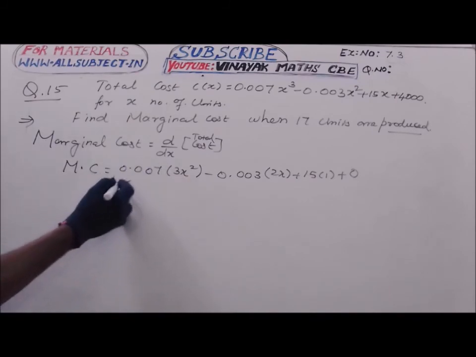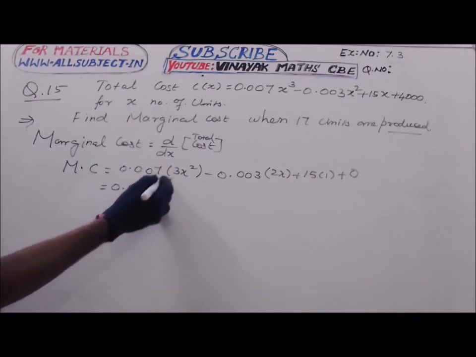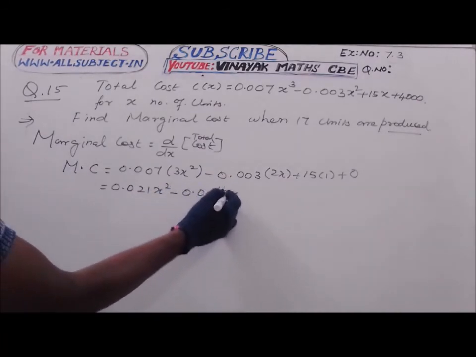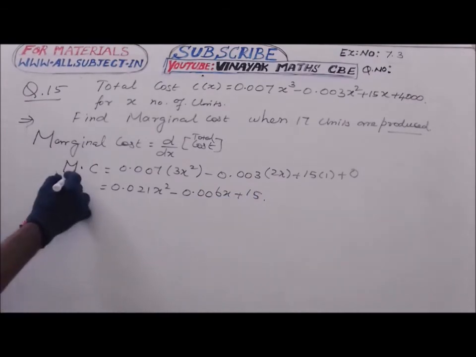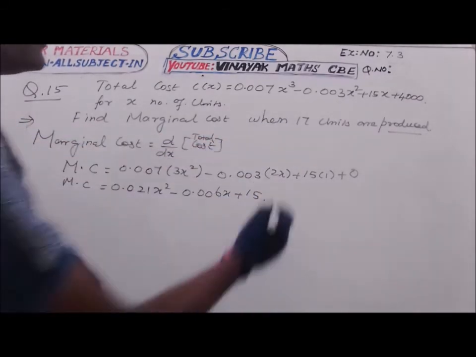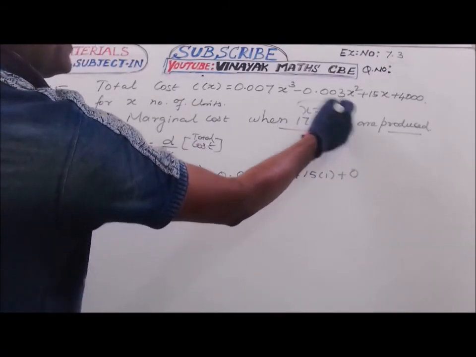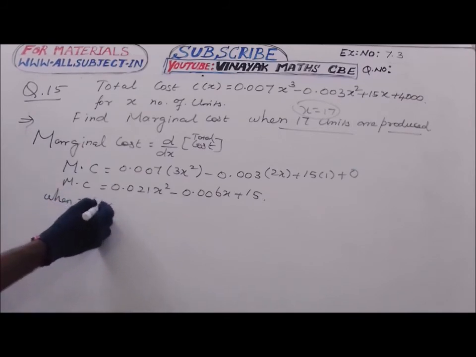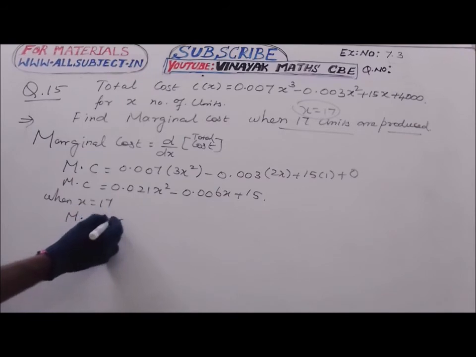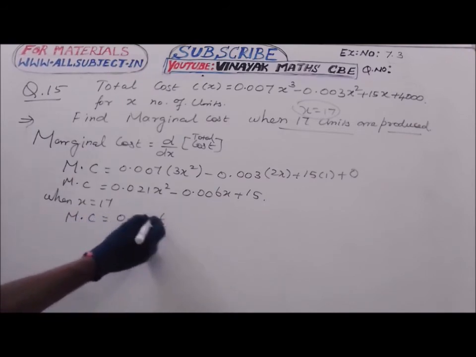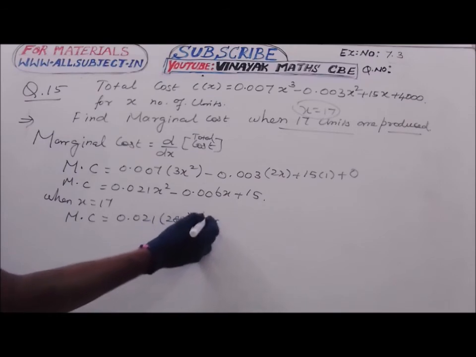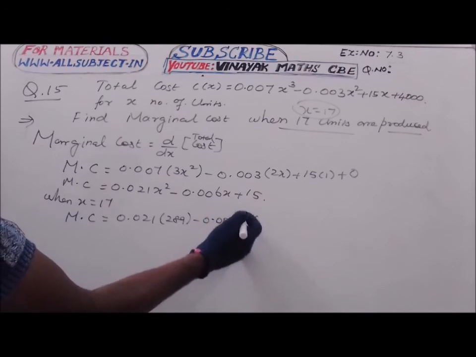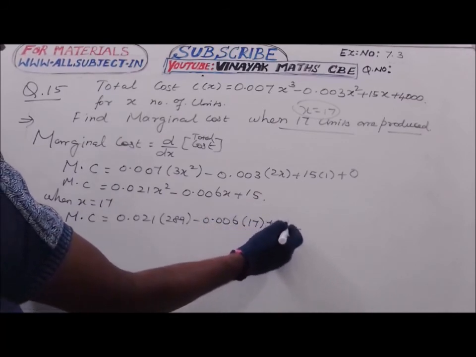Now multiplying here, 0.21 x square minus 0.06x plus 15. We need the marginal cost for 17 units, that is x is equal to 17 given. So substituting x is equal to 17, the marginal cost is equal to 0.21 into 17 square, 289, minus 0.06 into 17 plus 15.